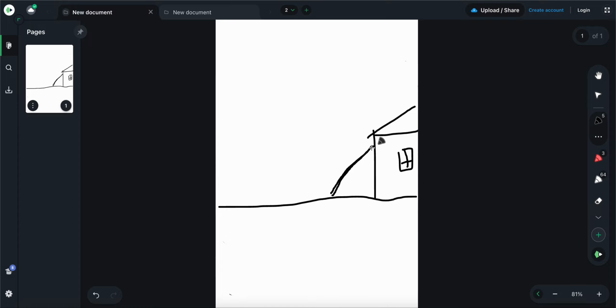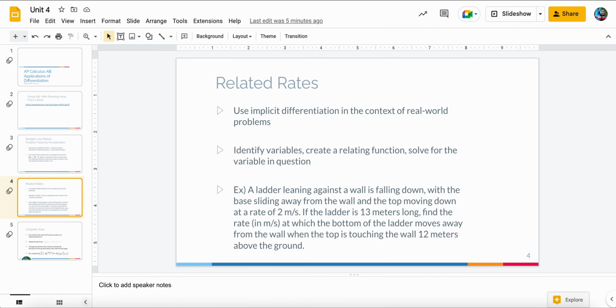And now we have this right triangle here, so we're going to label our 3 sides. This is A. Starting here, this is A. This line right here is our B. And then the hypotenuse C is just the length of the ladder. It's right here. And that's the first step.